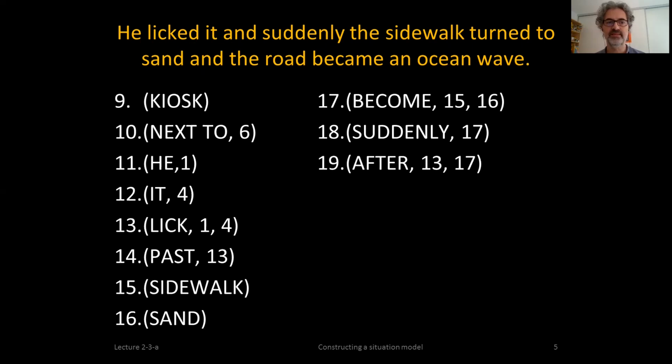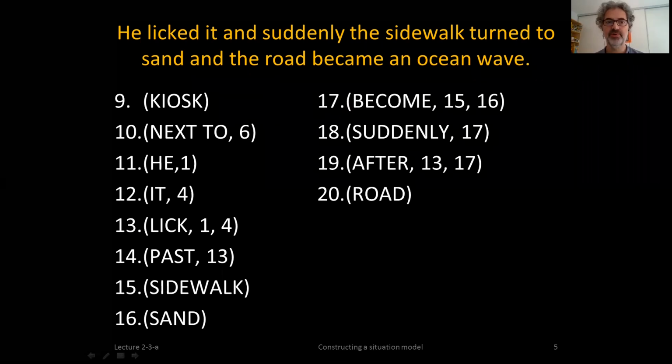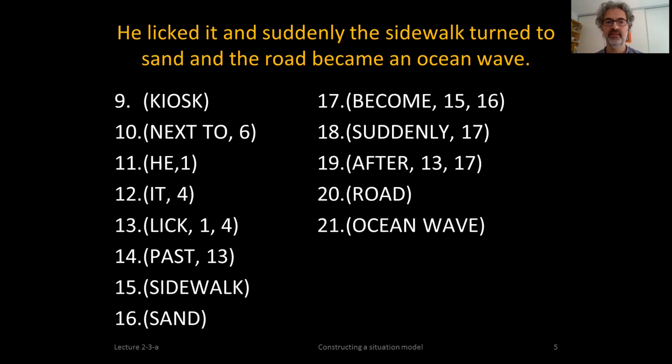So I'm representing the fact that this and then this. So there is a temporal relationship implied by this syntax, and I'm representing it. And then I'm representing that there is a road mentioned, and an ocean wave, and a becoming, that the road becomes an ocean wave.